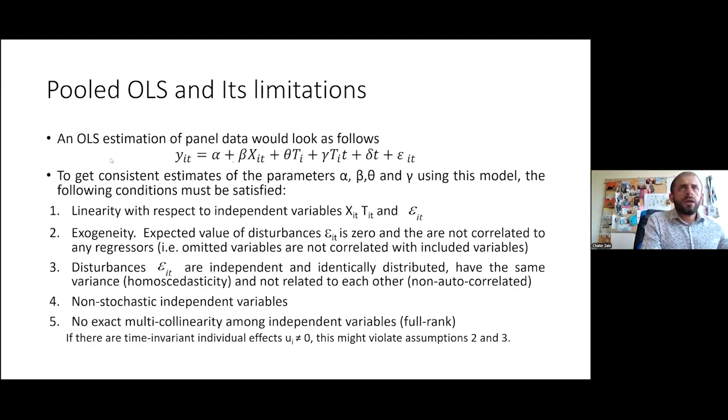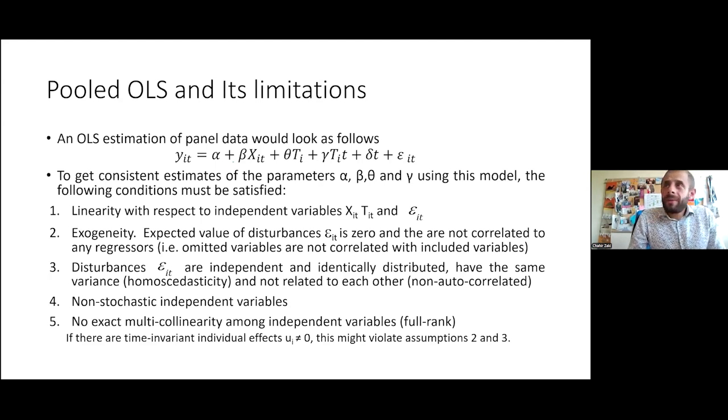So clearly, if we use an OLS estimation, bearing in mind that the orthogonality assumption is not verified, our estimates will be biased. Just to remind you of what we have seen yesterday, we need several conditions to be verified: the linearity with respect to the independent variables, then the exogeneity, in the sense that the expected value of the disturbance is zero, and the covariance between the explanatory variables and the error term is also equal to zero.